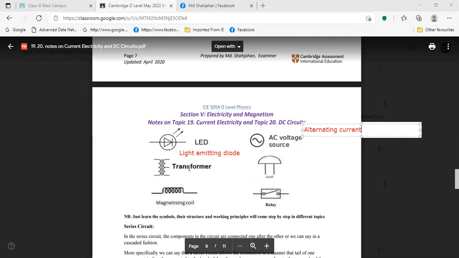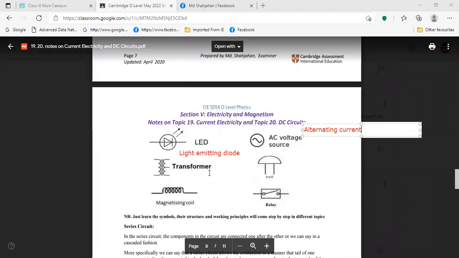Those are actually transformers to make the voltage lower for our house. And for application of the transformer, we need AC voltage. Otherwise, transformer will not work.